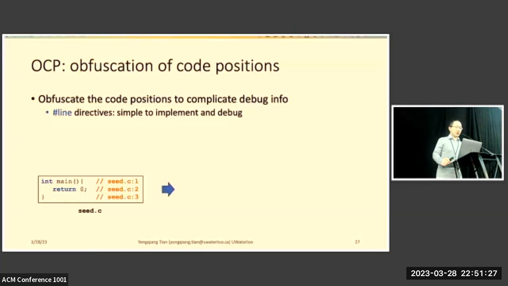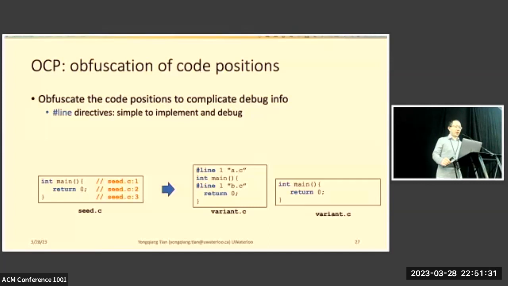We can use line directives, as shown here, to change this information. After that, in the variant, the first line will be in a.c with line number 1, and the other 2 lines are in another file called b.c. Using the line directive, we can easily implement these obfuscations, and it is easy for debugging.